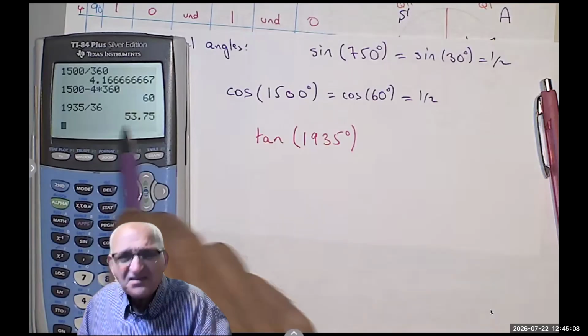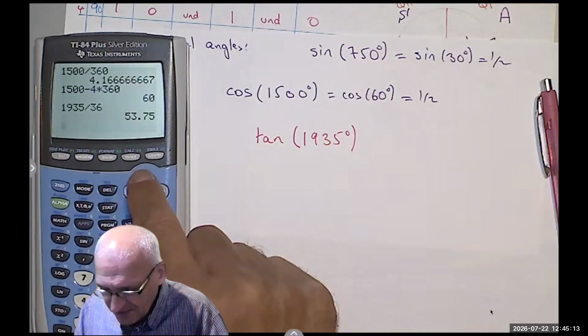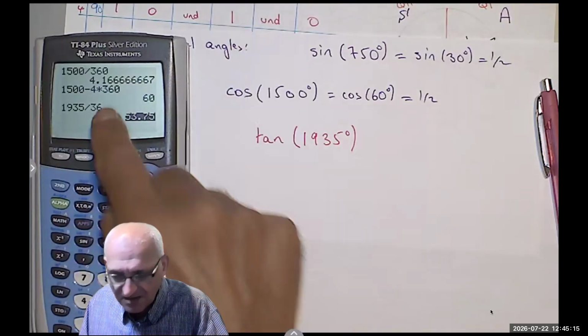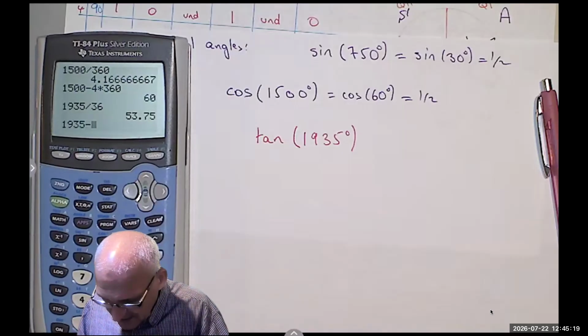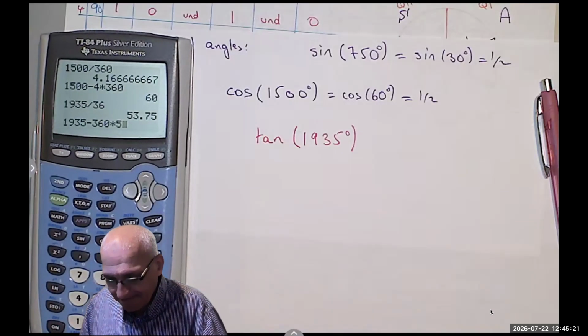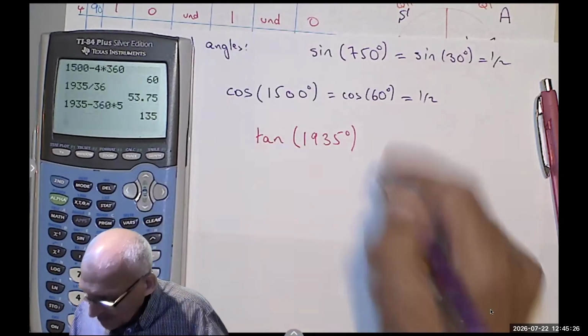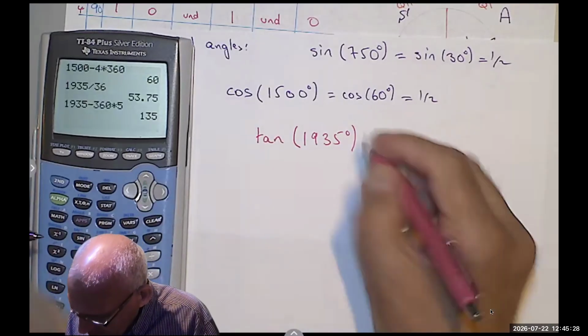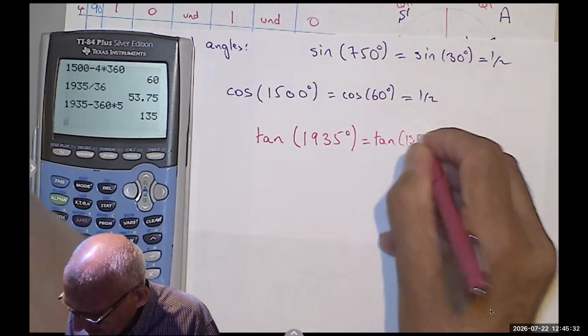I get 5.375, right? So I'm going to say 1935 minus 360 times 5, because it's 5, not 53. I get 135. So this equals tan of 135 degrees.